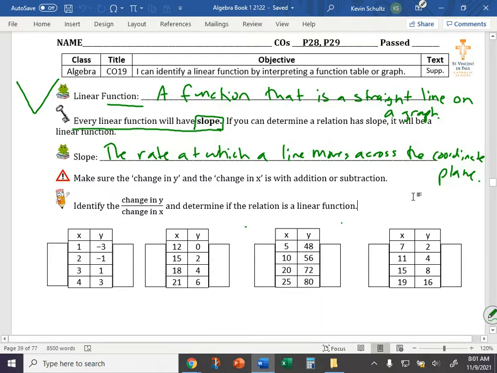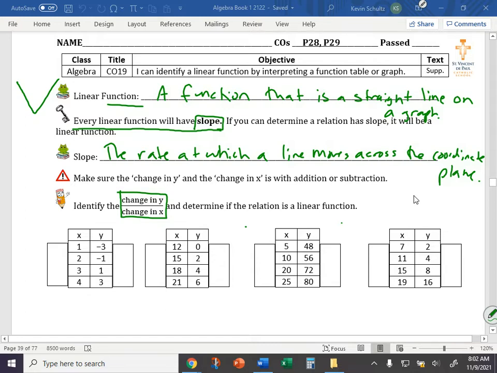Another way to describe that is change in y over change in x. Have you heard slope defined as change in y over change in x before also? Because if you think about it, what's the vertical axis on a coordinate plane? It's the y-axis. So if you're counting the rise, you're looking for the change in the y values.